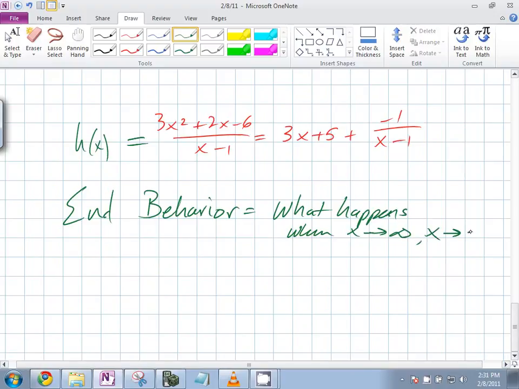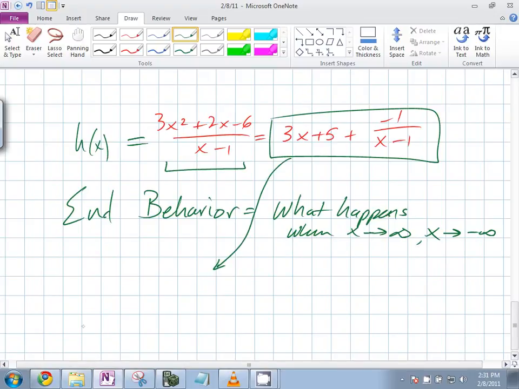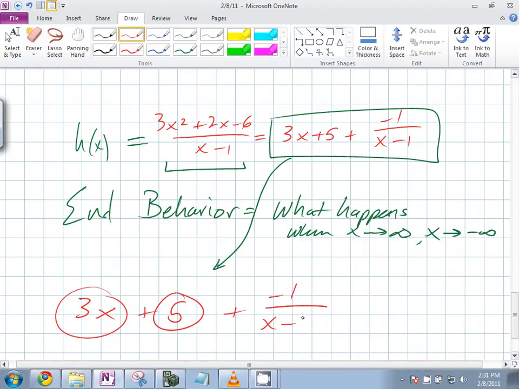We're going to look at those two things. We're going to look at this form. The reason we use polynomial long division is to get that form of what we started with. What happens to 3x as x gets really big? What happens to 5 as x gets really big? What happens to negative 1 over x minus 1 as x gets huge?